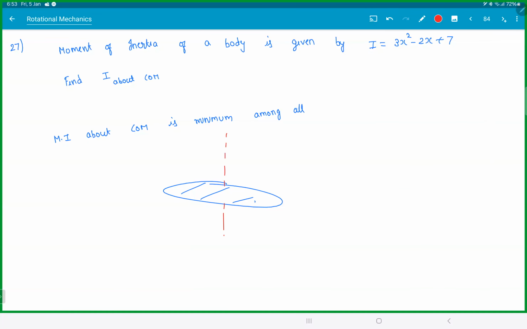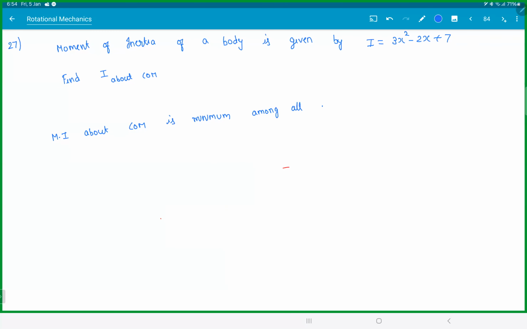Are you getting it? If you shift it a little bit, it is m r square by 4 plus something little more. Now this one is not passing through the center of mass, and this one is passing through the center of mass. Isn't this smaller than the one passing through the center of mass? The problem here is that you can compare only between parallel axes. So if I don't write this word, the statement that the moment of inertia about the center of mass is minimum among all parallel axes would be misleading.